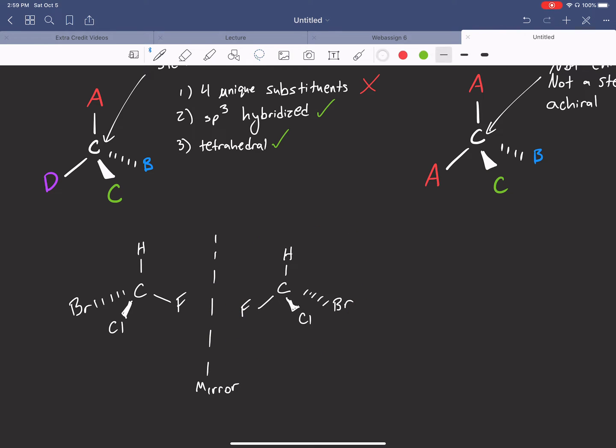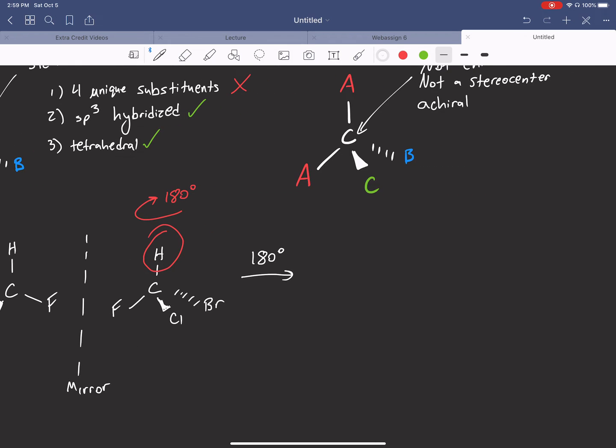So what you can do, and this is where a model kit could be helpful in the beginning. Imagine your hand comes in from the top and grabs the H, and you're going to spin it around 180 degrees, right? Spin the whole entire thing around. So we're going to do a 180 degree rotation.